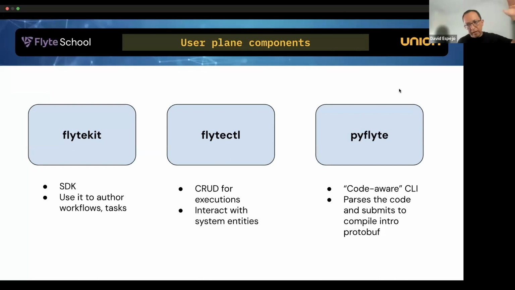So we will parse your code, and it will understand everything and submit this to be compiled. It even includes an option where it will package everything and submit it for execution in a single command, which is pyflyte run. You will see it in the tutorials. They all use pyflyte run. So that's what's closer to the user.